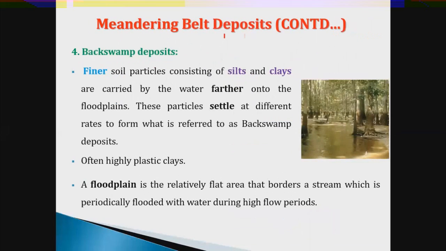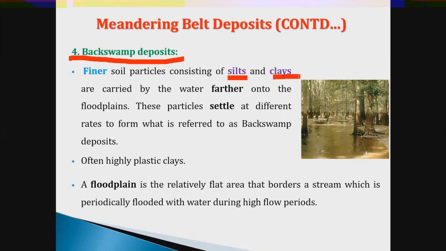Now let us discuss the fourth category of the meandering belt deposits, which is known as backswamp deposits. When flood comes in the floodplain, flood brings a lot of small size particles with it, which are known as silts and clay.